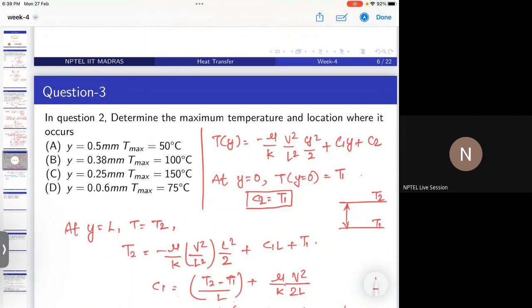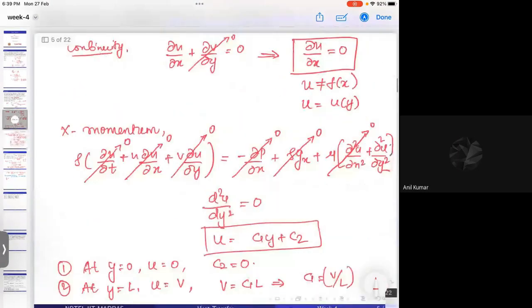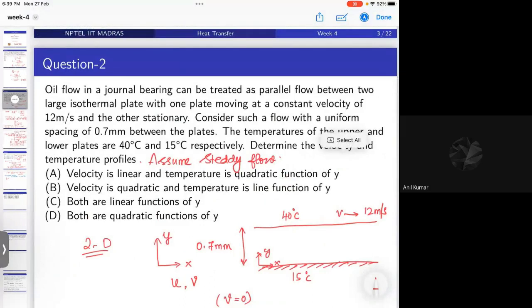This one or the question? Question, sir. What will we take for L?